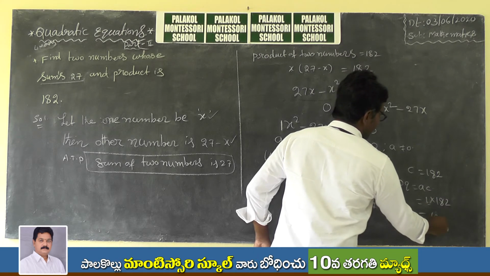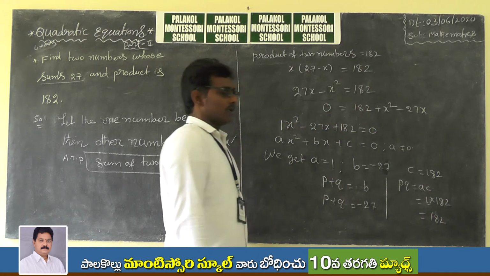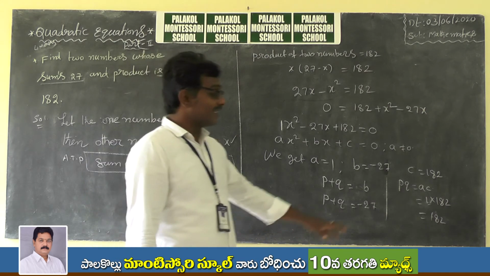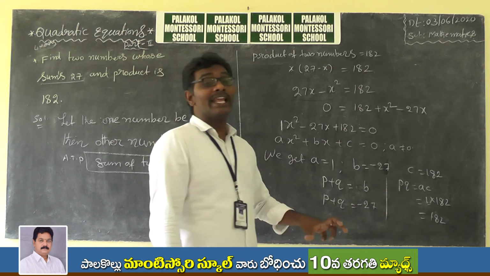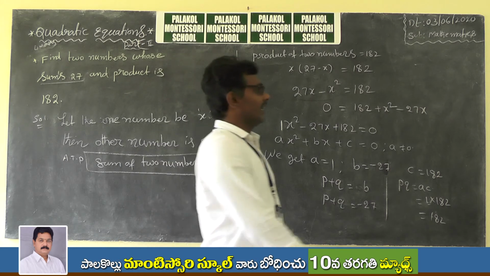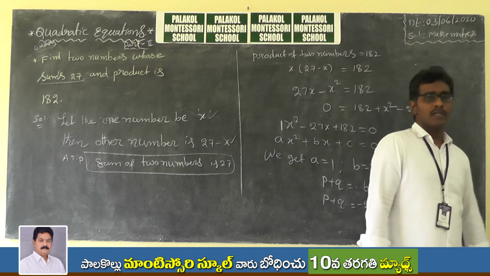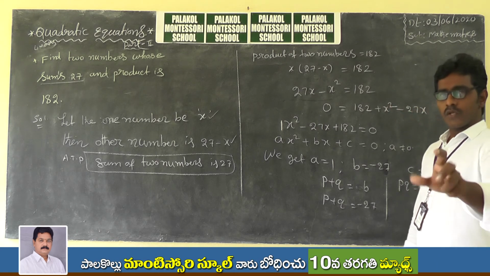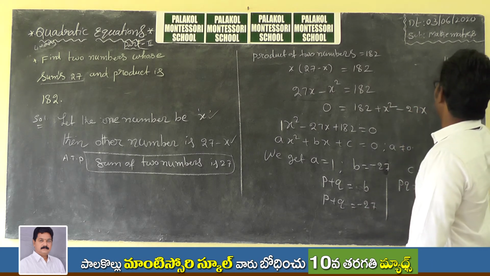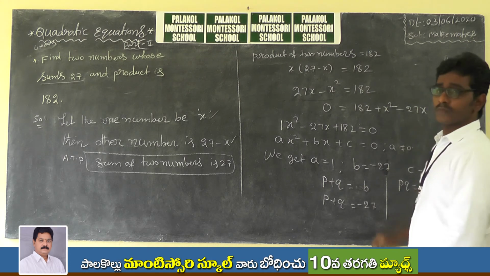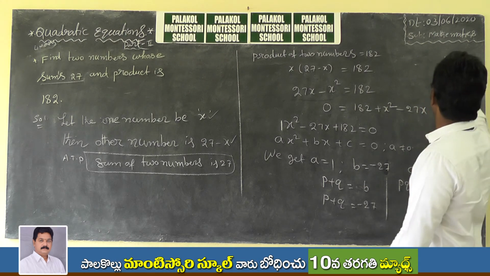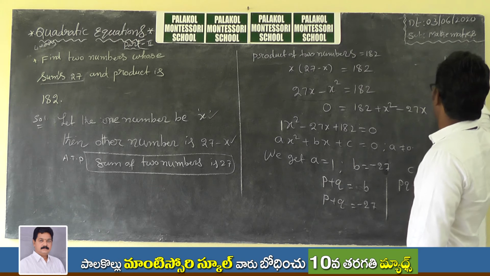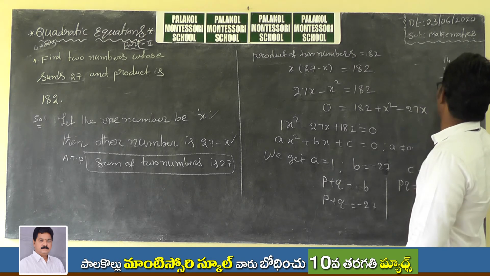1 into 182. Okay, guys, you write the factors of 182. Just guess it, you are in higher classes. So 182, you guess. 14 13s, check it. 14 13s: 3 4s are 12, 1 3 is 3, plus 1 gives 4.